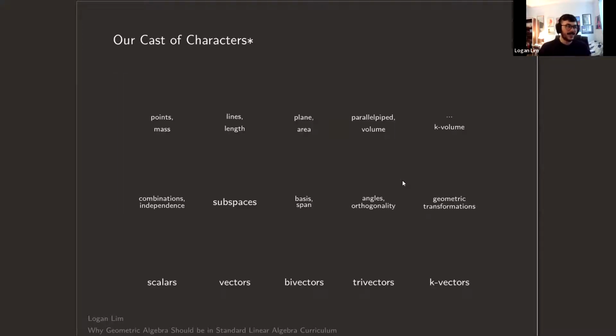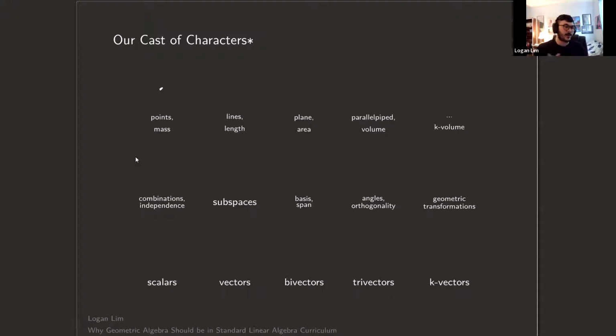So let's look at our cast of characters in standard linear algebra, because I want to give you this toolbox approach to the mathematics we're working with. We have things that we see in our world like points. We want to imagine the concept of location, so we can distinguish one point from another. Points often have something called mass.